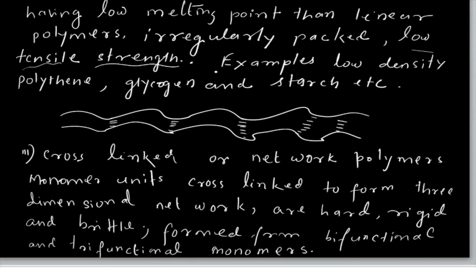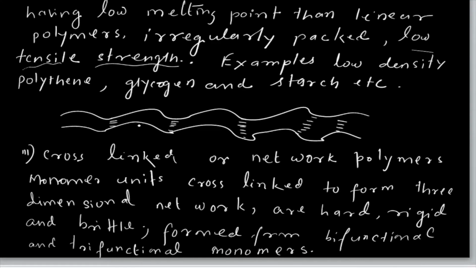That is why, as examples, I told weak polythene and strong polythene. Some polythenes which are very, very weak are surely branch chain polymers, and glycogen and starch have very low melting points and are very irregularly packed.